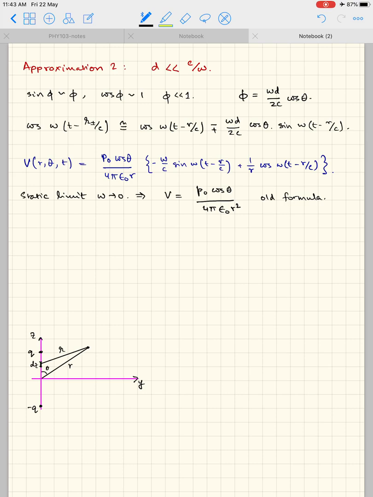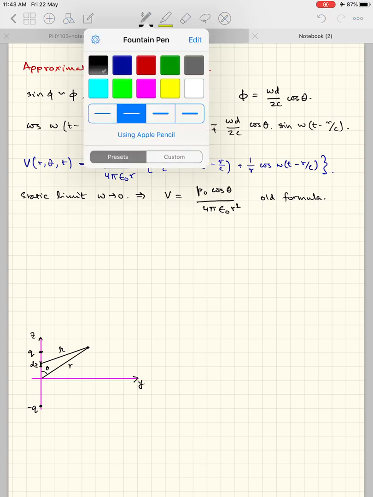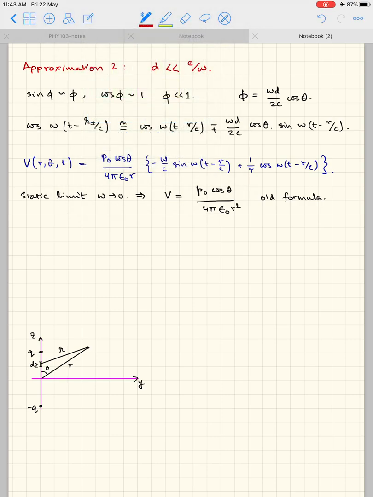But we are interested in something else here. We are interested in what is called the radiation zone.